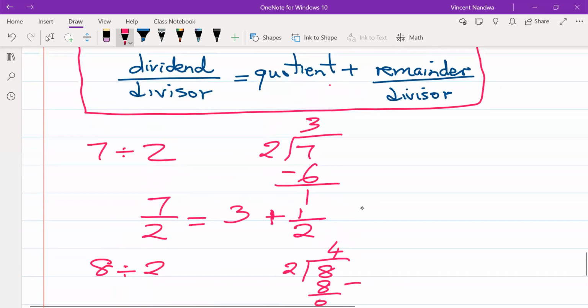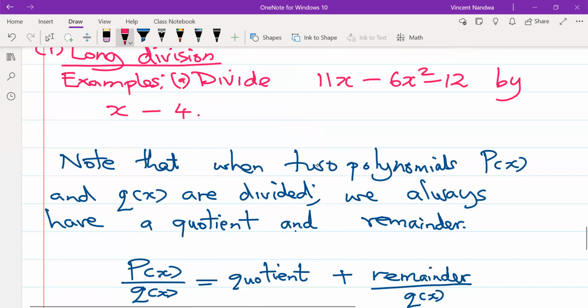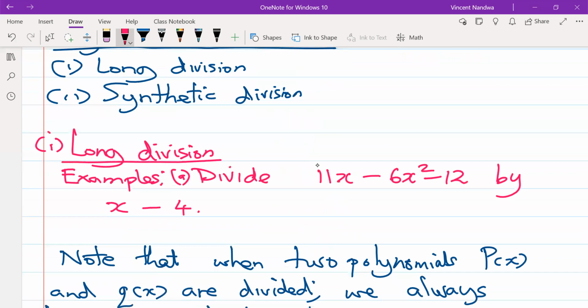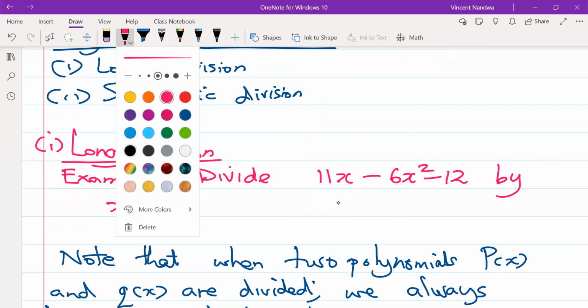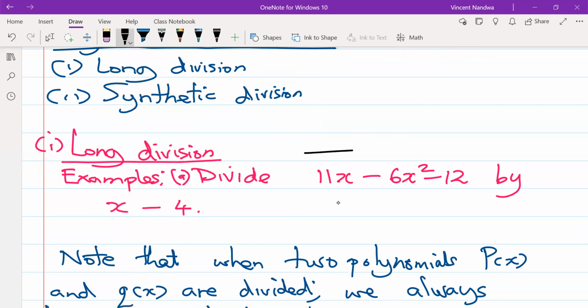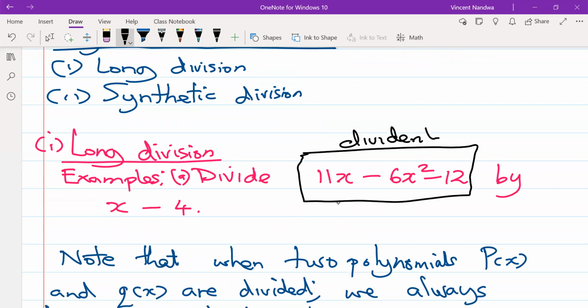Okay. So to divide polynomials, which is the degree of this dividend? Highest power of x. 3.